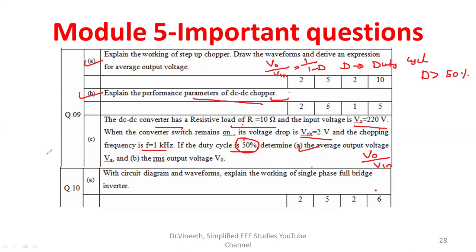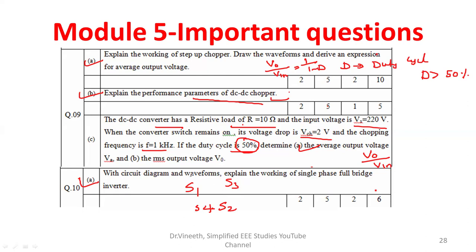All right. Question number 10A. With the circuit diagram and waveform, explain the working of single phase full bridge inverter. Okay. So, we should mention about 4 switches, S1, S2, S3, S4. So, S1 and S2 will work at a time, S3 and S4 will operate at a time.